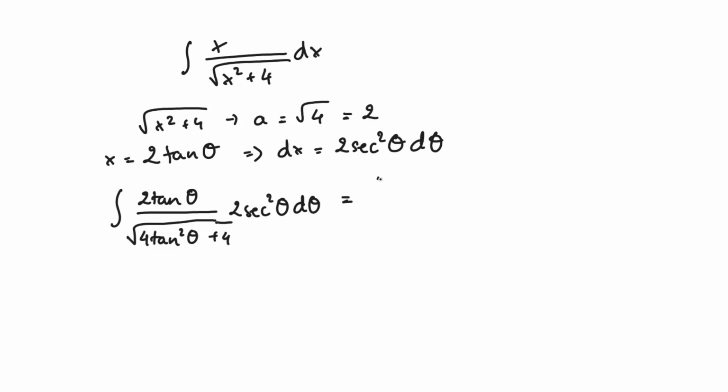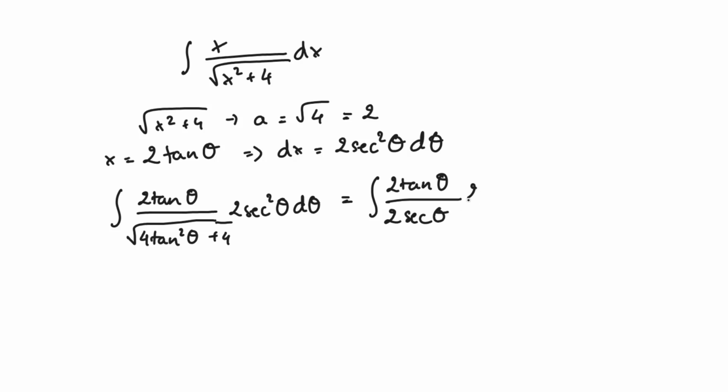So this is equal to 2 tangent theta. At the bottom, the number 4 is a common factor, so I factor 4 out, and I have 2. Tangent square plus 1 is secant square, and our square root is secant.